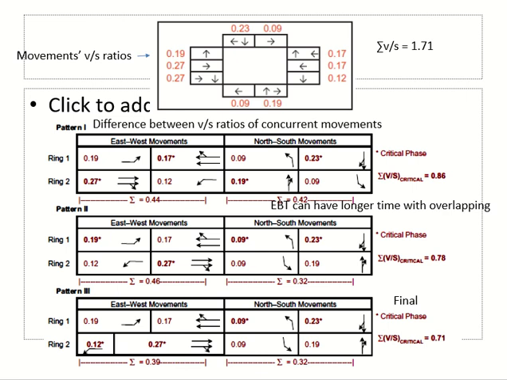Clear or not? If this movement is extended in this direction, this one will remain 0.17. But this 0.27 will be somewhere here plus some part here as well. Is this possible? Yes, because this movement needs less time, right? This doesn't need more time. So I can squeeze this movement and extend this movement into this zone.